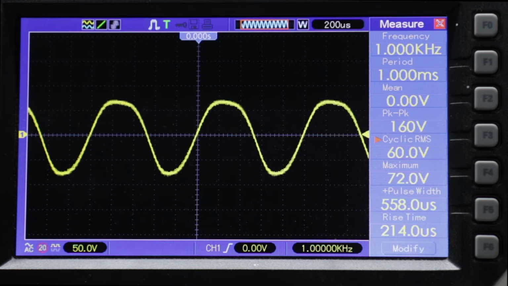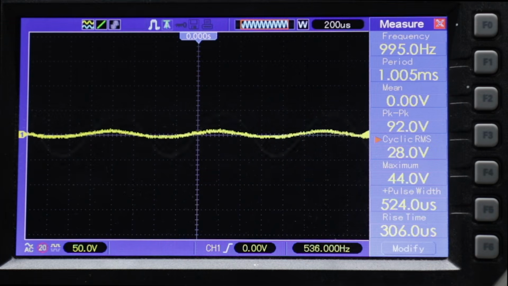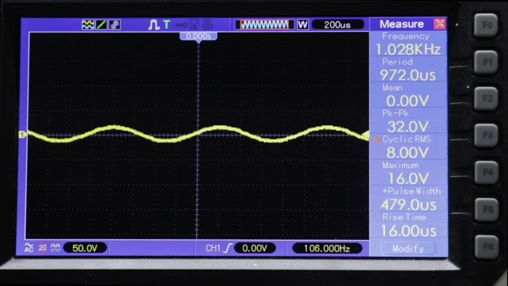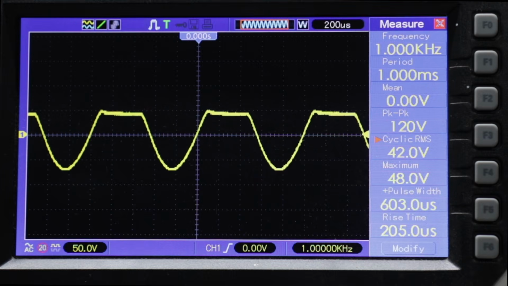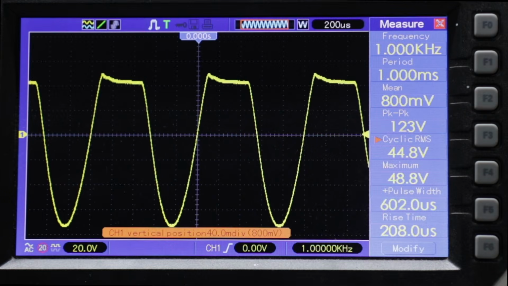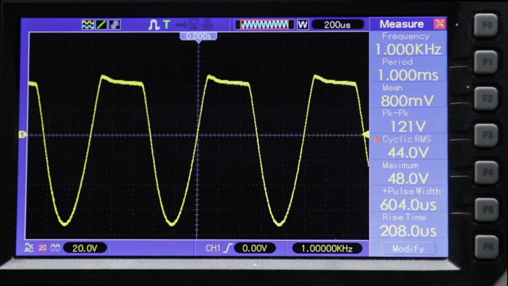Now let me bring this into the 10K cold clipper, which is the middle position. And I bring the gain back up again here. And look what's happening. If I change the scope, zoom it in, you can really see this is asymmetrical clipping. It's only clipping on one side. This is what we're seeing as the waveform, as the grid is pushed one way, it runs out of runway and the valve goes into cutoff and we get the clipping.